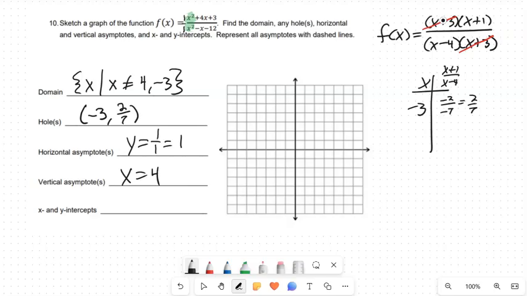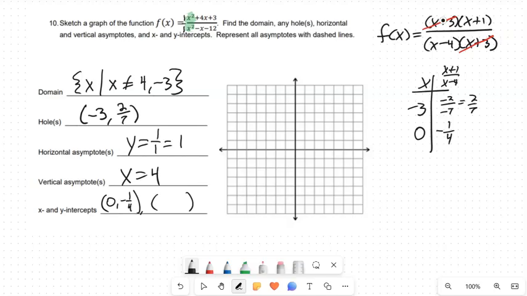X and y intercepts. The y-intercept happens when we plug in 0 for x. Plugging in 0 for x is probably easiest done at the original. We get 3 over negative 12. Or we could do it here: 1 over negative 4, same result, negative 1/4. Intercepts should be ordered pairs.